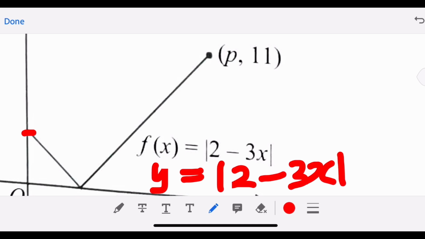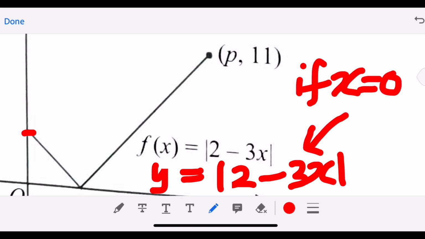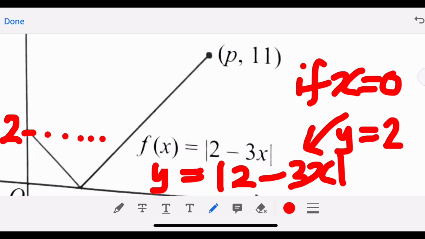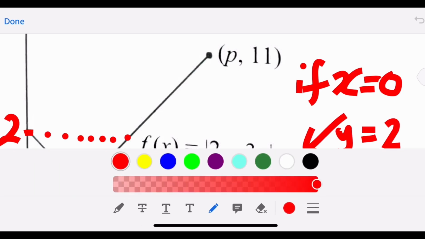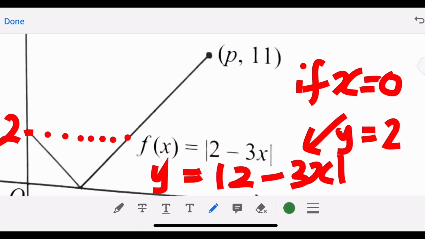Because if the x is 0, you will find the y, and that y is the y-intercept. So from there we know y equals 2 is at that line. So we are going to figure out where y is more than 2. Yeah, that is the green color showing that y is more than 2 for the graph of the function.